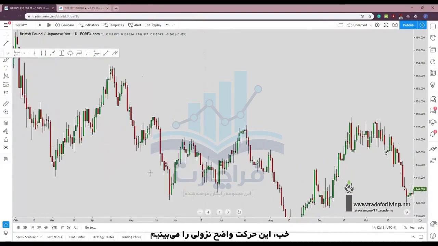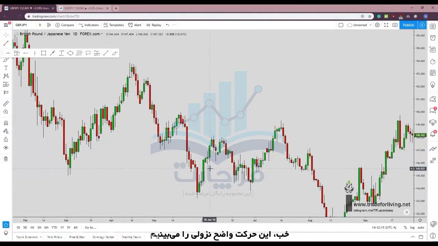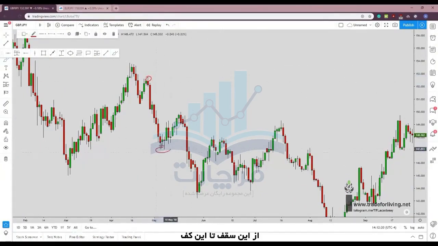Now for example, let's go with an easy and clear impulse to the downside. You see it very easy from the high to the low. You have a very easy impulse to the downside. You want information on the retracement, you already know it. You take your Fibonacci on the impulse. But if you want information when the market starts the next impulse, where your targets are supposed to be, target 1, you know it, is the low, but the real target 1, so when the market creates a lower low, because I know that the market is in a downtrend basically, I need to take it by using this retracement, because this retracement will give me information on the next impulse.